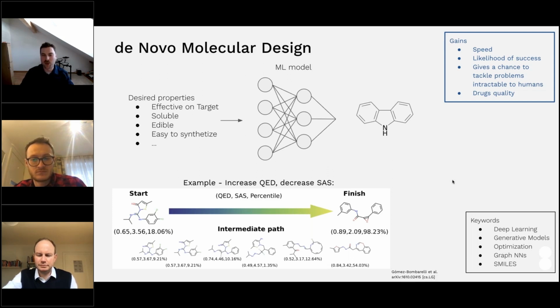But I think we can also increase the quality of the drugs and the molecules that we find, because the models are able to explore vastly more combinations, or to grasp a space of huge dimensionality, which is very tough to do manually for chemists. It's tough and it's time consuming. Just to throw some keywords out there, deep learning is really used in this domain, and it's usually a mix of generative models and optimization.